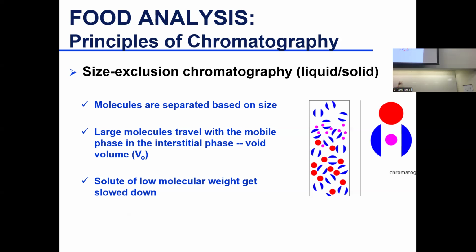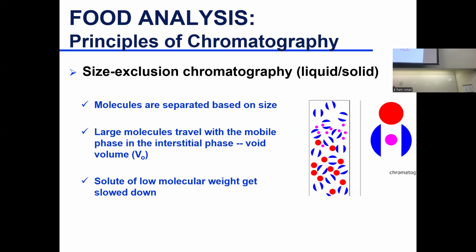So your analytes, when you inject them on top of your stationary phase, very large ones, I'm going to draw it as a square to differentiate. Very large molecules are not going to enter any of those pores because it's too large to fit into the pores.